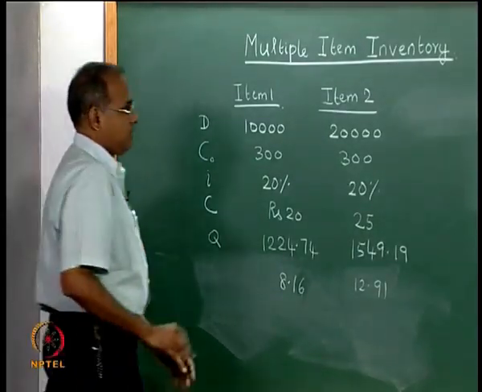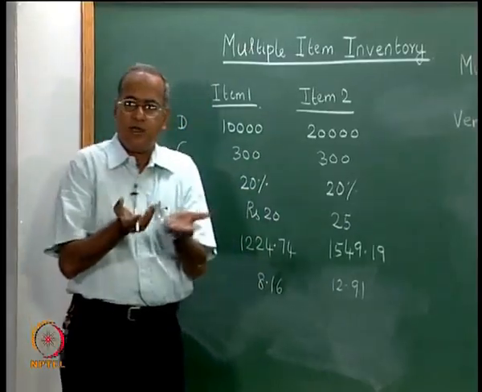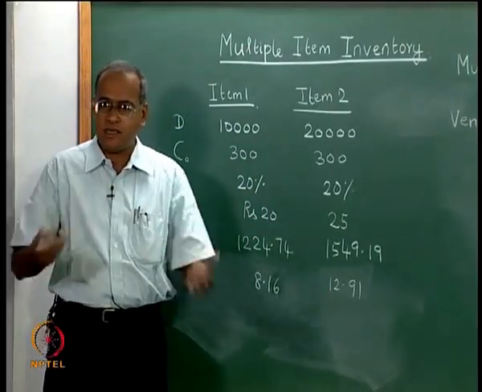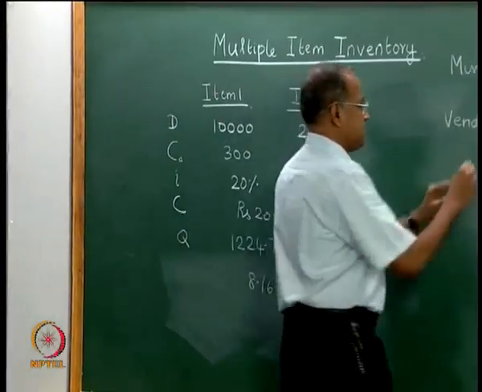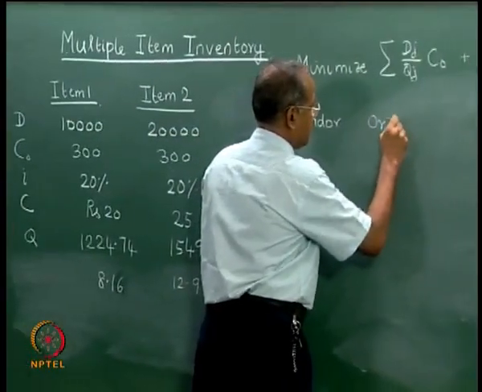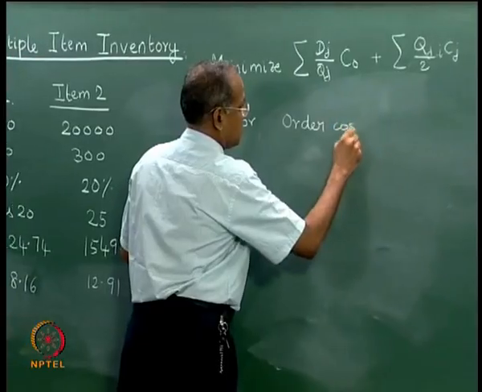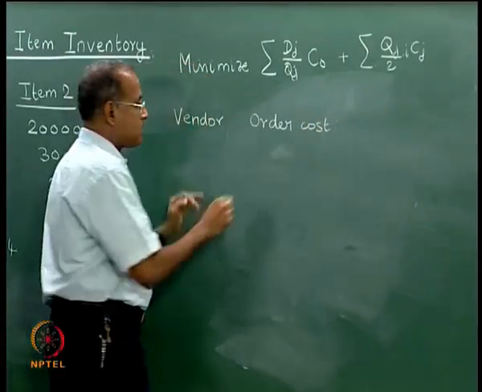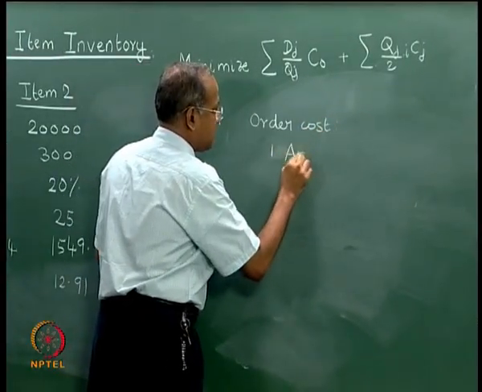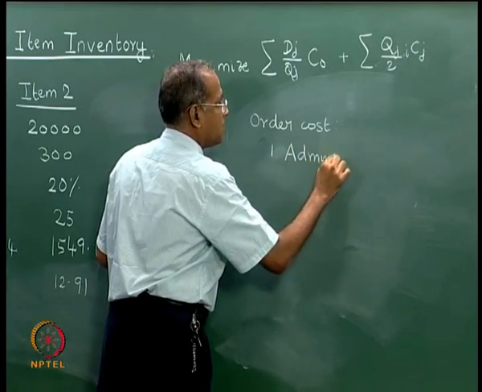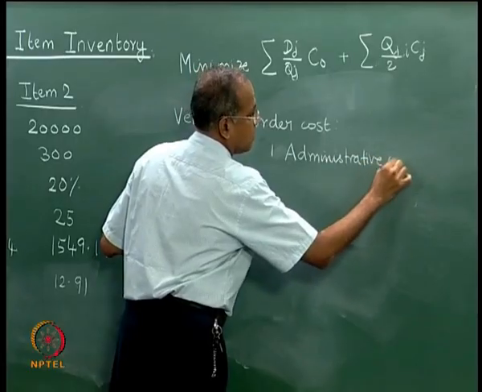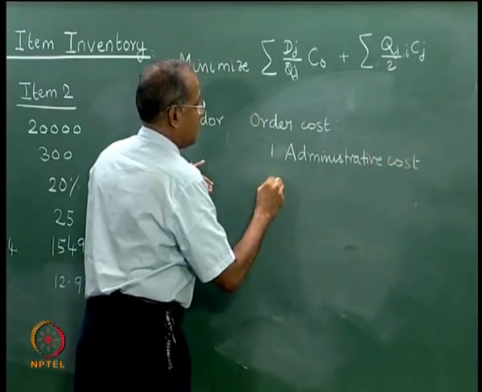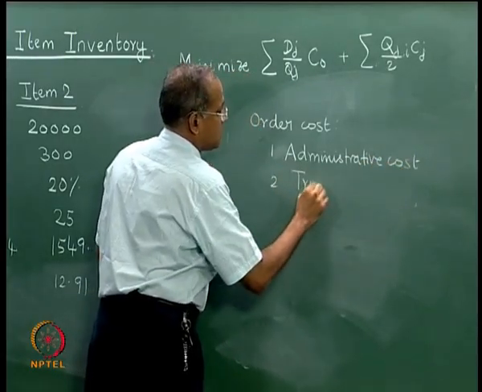Therefore, to take advantage of multiple items that go to the same vendor, we now split the order cost into two components. One is called the administrative cost and the other is called the truck cost.